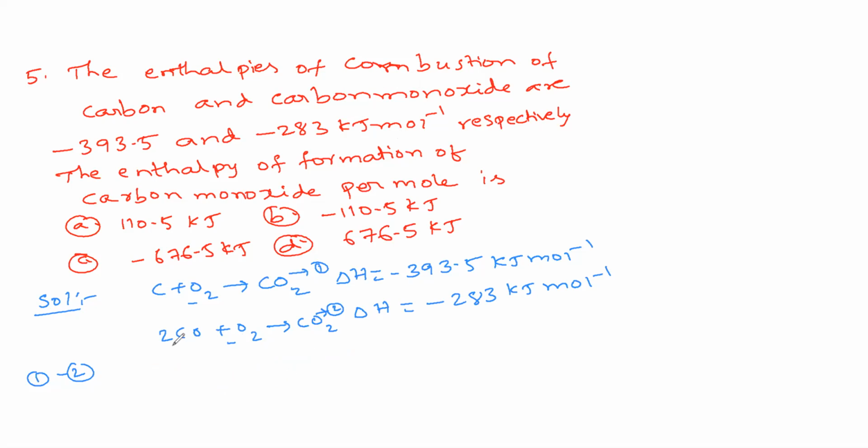So for the second equation, 2CO plus half O2 gives rise to 2CO2. Now equation 1 minus 2 will do.